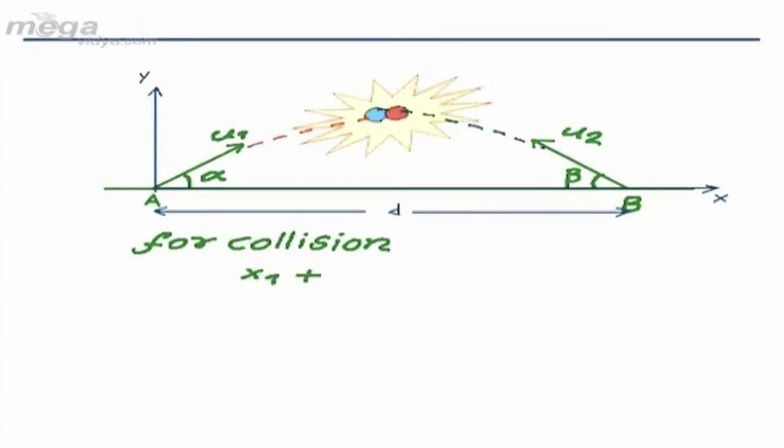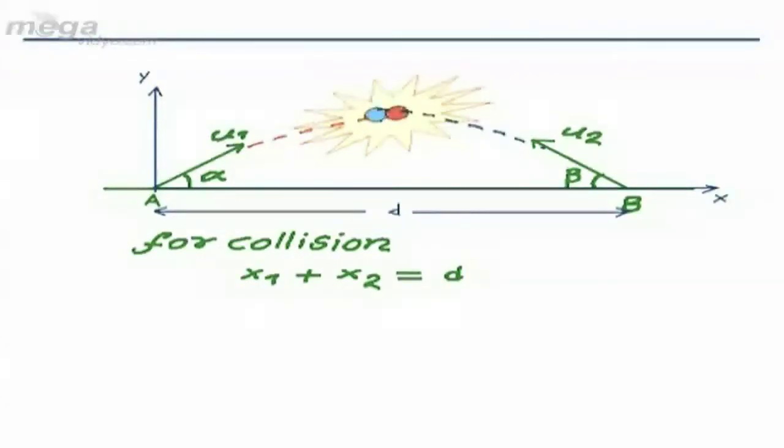If x1 is the x displacement of projectile 1 from its point of projection and x2 is the x displacement of projectile number 2 from its own point of projection, then x1 plus x2 must be equal to the initial distance between the two projectiles.